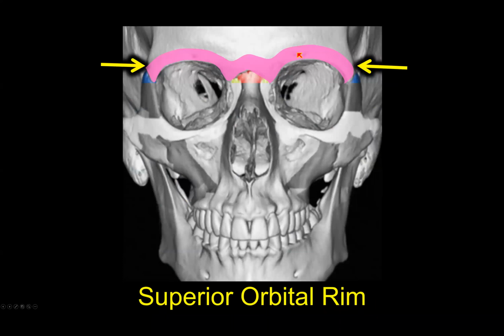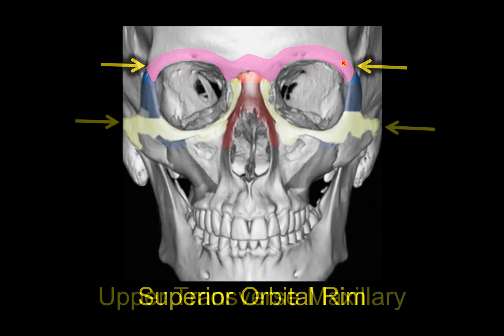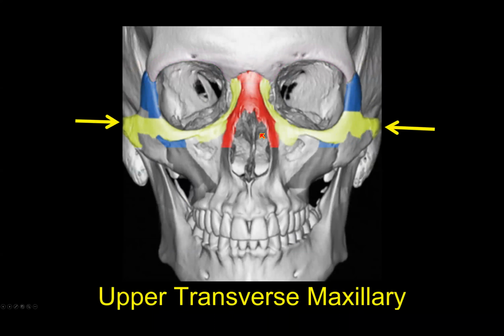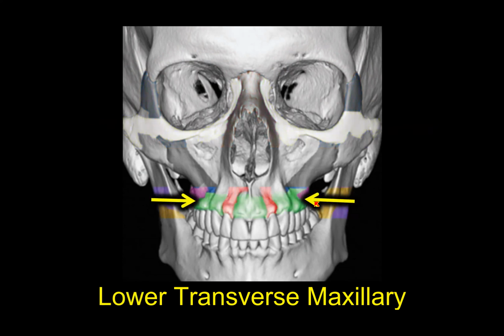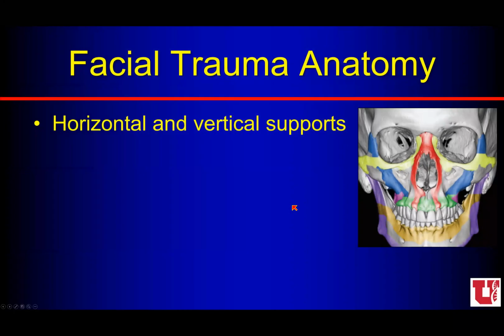So this is the superior orbital rim, the horizontal buttress above the orbits. We have an upper transverse maxillary support or buttress, which is the floor of the orbits and the zygomatic arches. And then we have the lower transverse maxillary buttress here in green, or the alveolar process.